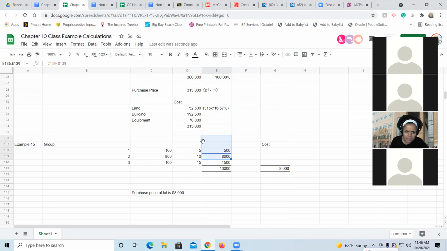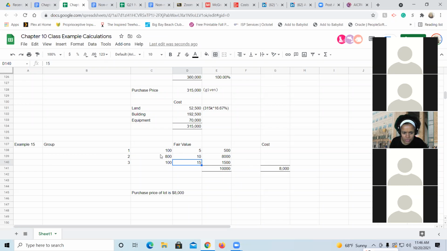So let's be clear here. This is the fair value, right? The 5, the 10, the 15. So multiplying out with 100 or whatever, it's going to end up causing a weighting in the fair value that is not going to give you the actual percentage that you need.